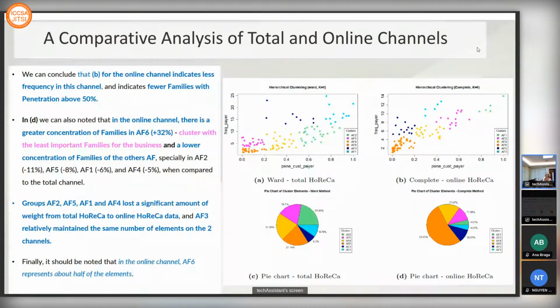We can see fewer families with penetration above 50% in this case.